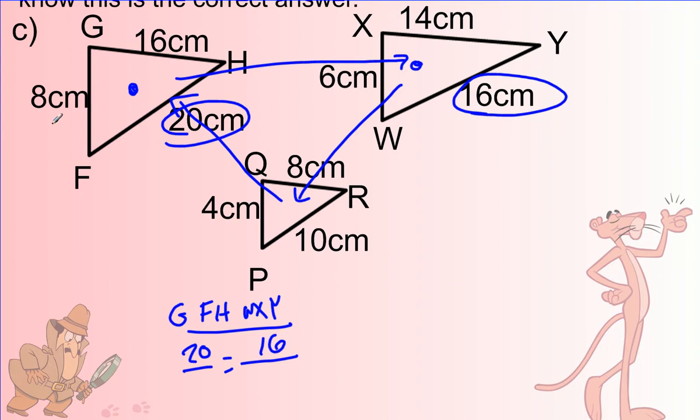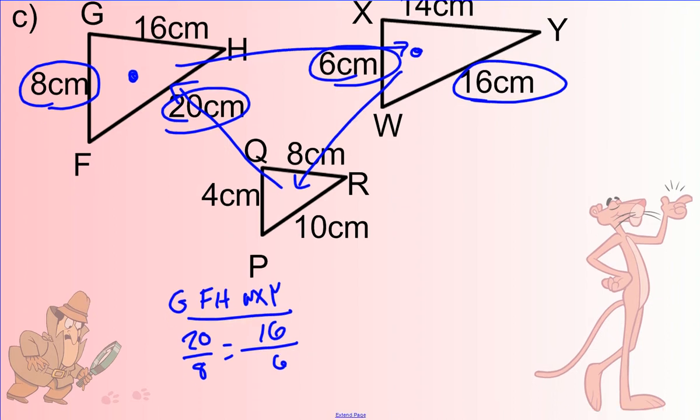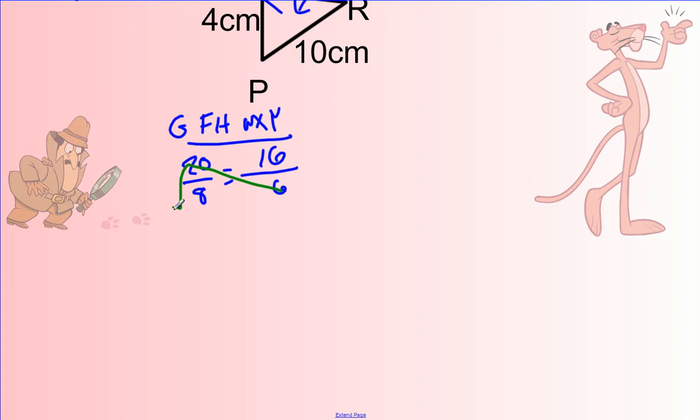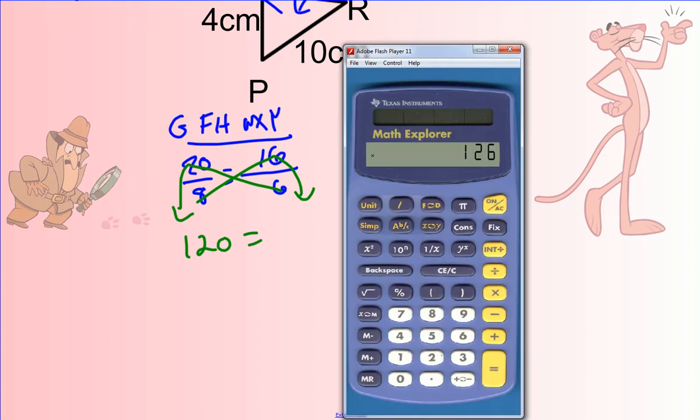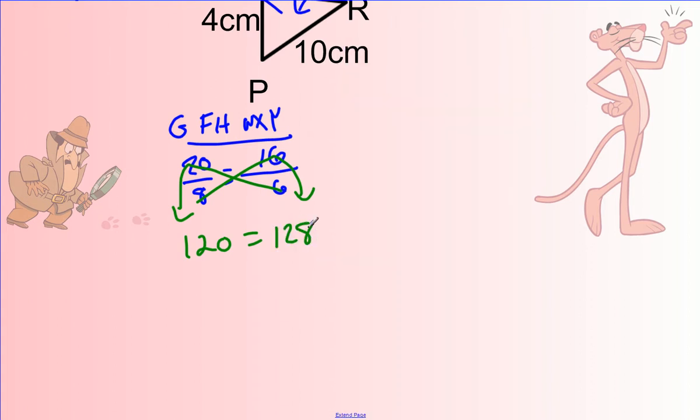And then 8 corresponds to 6. If I cross multiply, hopefully everything comes out nice. 6 times 20 is 120. 8 times 16 is 80, and 48 is 128, I think. 8 times 16, there you go, 128. So those two are not similar.